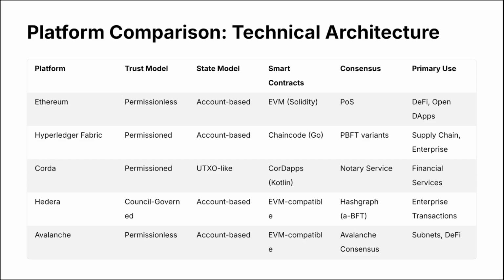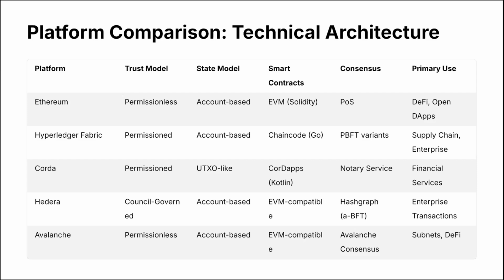Hedera uses a council governance trust model, which we already talked about, with an EVM-compatible architecture and the hashgraph consensus algorithm, which provides asynchronous Byzantine fault tolerance, or aBFT. It targets enterprise transactions with high performance and low latency. Avalanche is a permissionless one with the account-based model and full EVM compatibility.